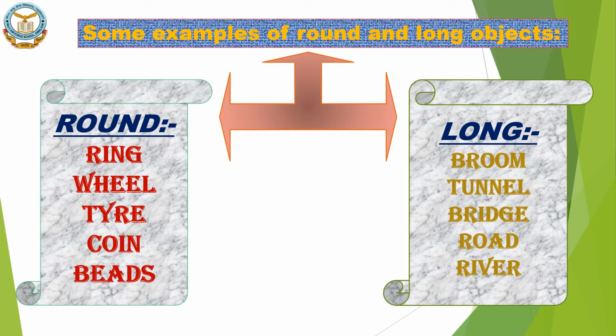Now some long objects: broom, tunnel, bridge, road and river. My dear students, you can also find out some examples of round and long objects in your surrounding. So keep doing it.